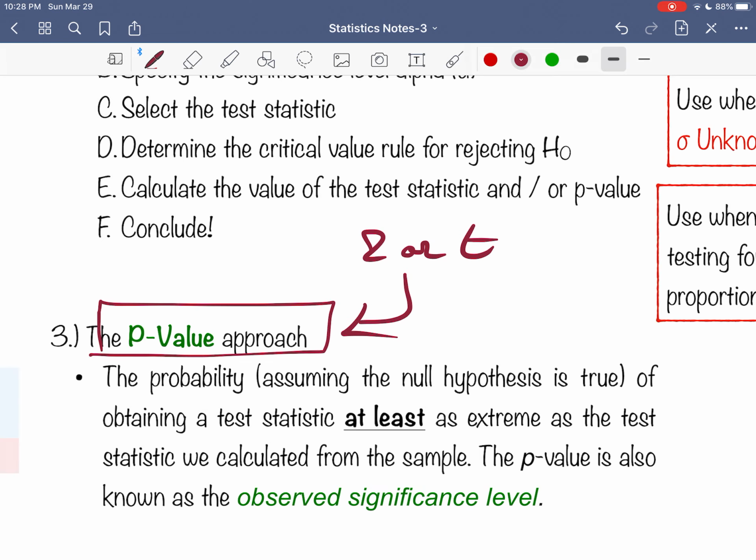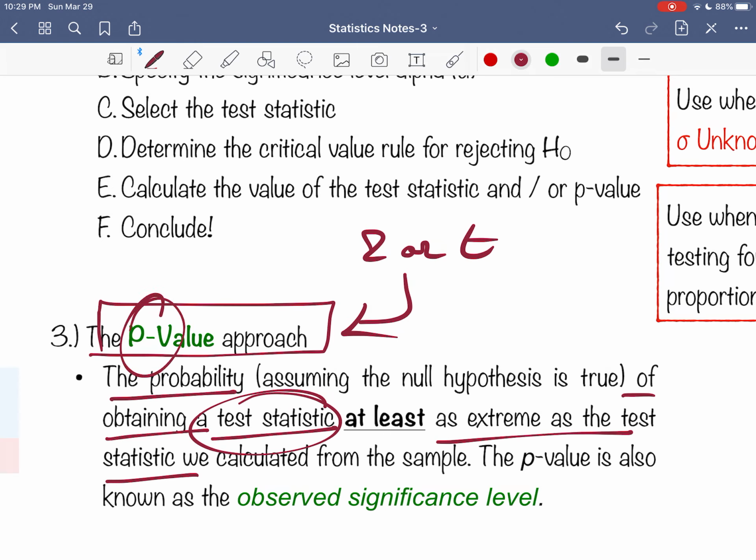It's best to see it instead of it being talked about, but the definition of a p-value is the probability of obtaining a test statistic, we'll talk about what this means in just a little bit, of at least as extreme or more extreme than the one we've calculated in our sample. So keep that in mind. We're looking for a probability that is small. The smaller the probability, the smaller the p-value, the more significant the test is.